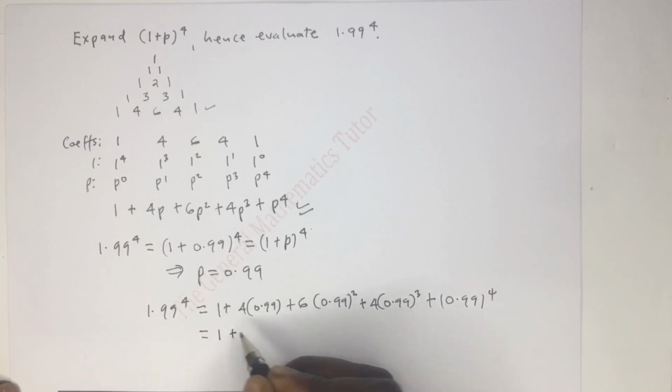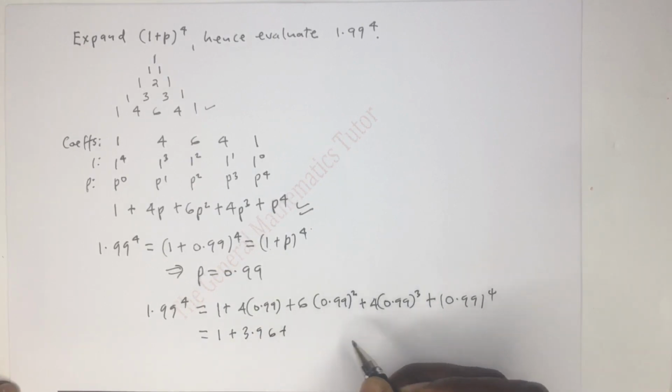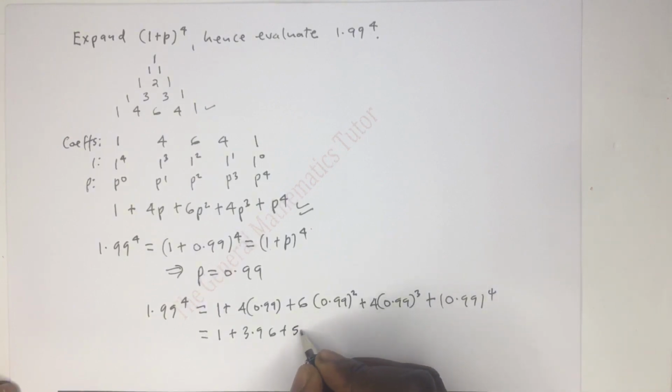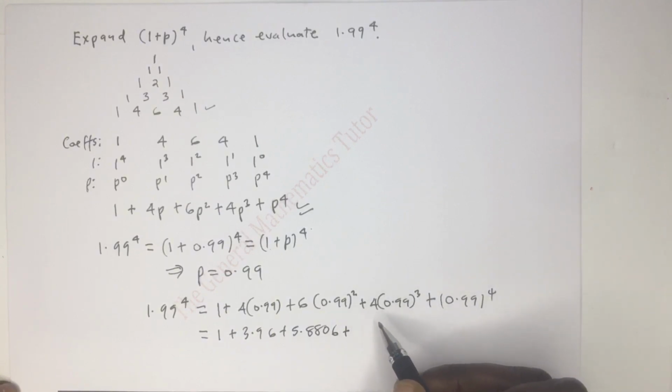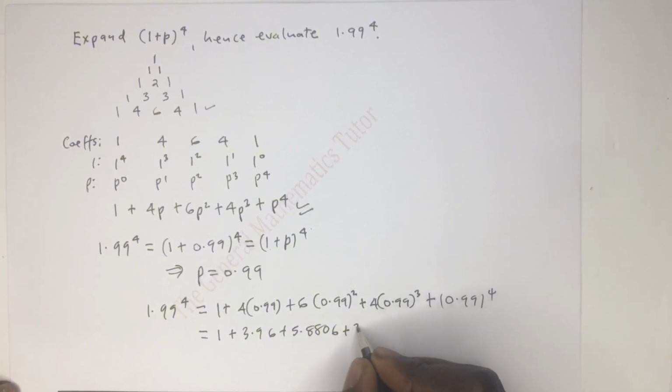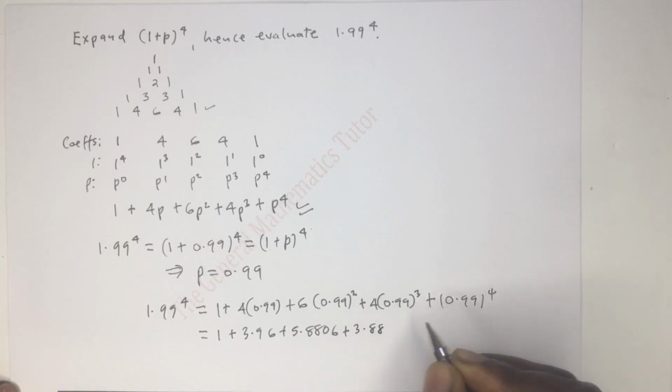You have 1 plus 4 times 0.99, which is the same as 3.96, and you have 6 times 0.99 squared, that is the same as 5.8806. Plus the next one that we have is 4 times 0.99 cubed, that is 3.881196.